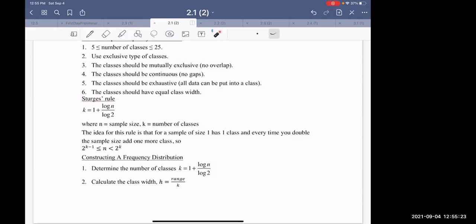Sturge's rule says K, which is the number of classes, is equal to 1 plus the log of n divided by the log of 2, where n is the sample size.